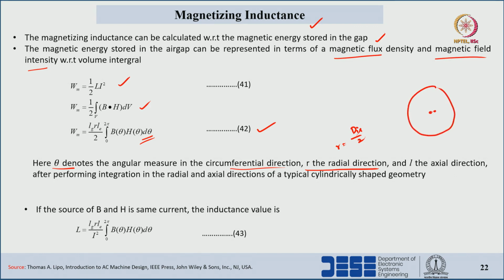If I consider this is the center point of the rotor and this is the air gap, this one we can consider approximately Dis by 2, and then Le is the axial length, the core length. After performing the integration in the radial and axial directions, typically the magnetic energy stored equation will be like this.